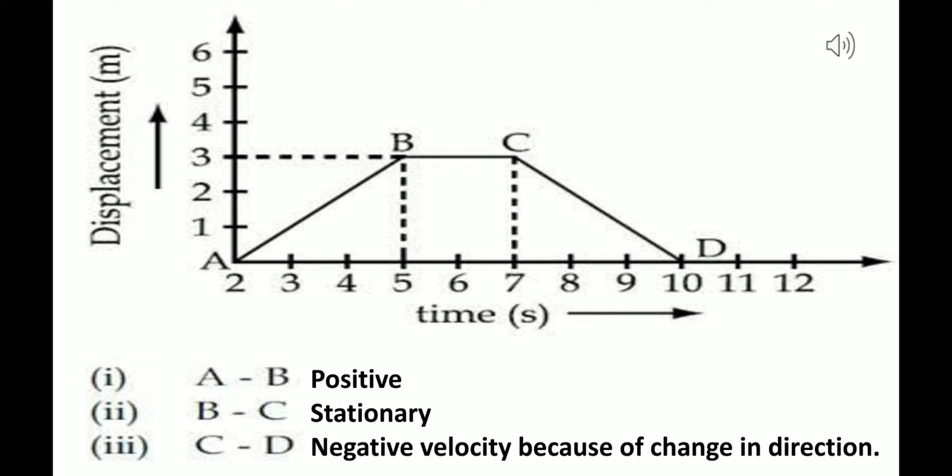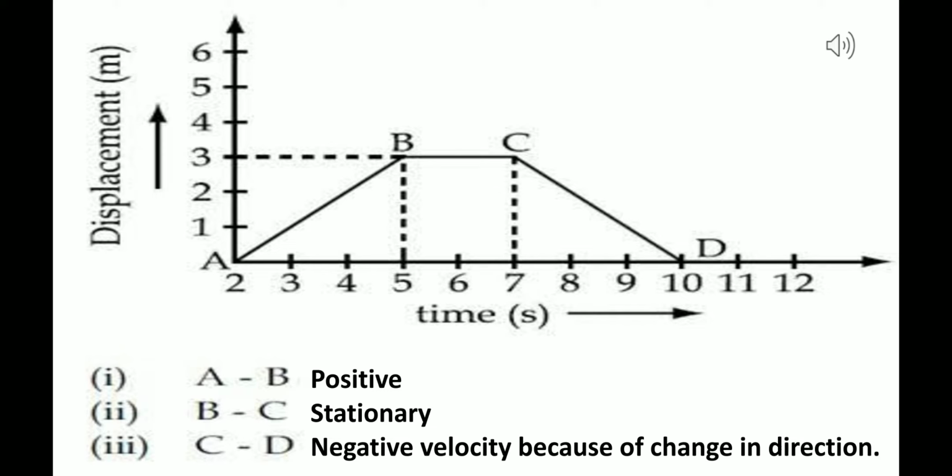Now, you know, displacement is a vector quantity. That means it depends upon magnitude as well as direction. The moment the direction of the body changes, displacement is negative. So, if the body was moving in a forward direction and at some point the body changes its direction, the body moves with negative direction and so the displacement becomes negative.